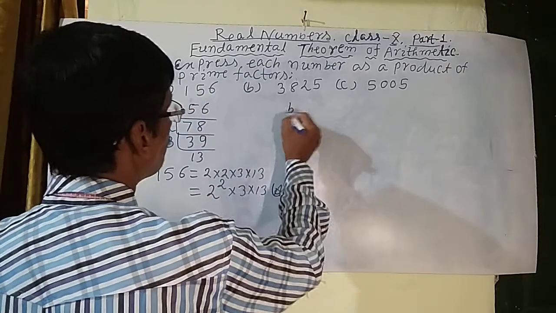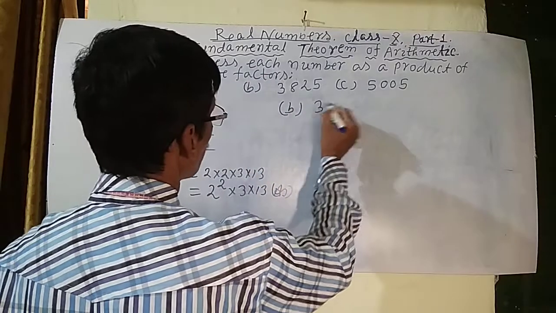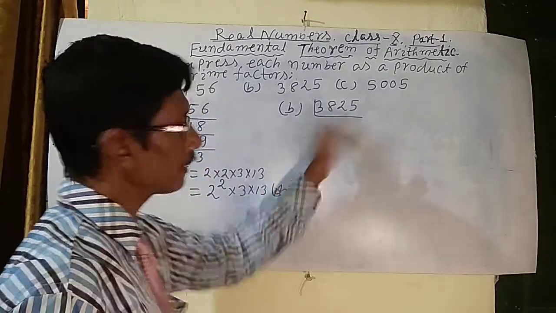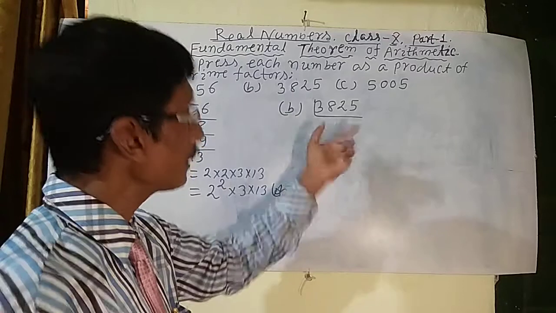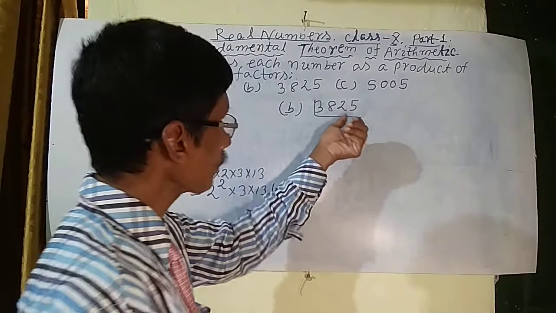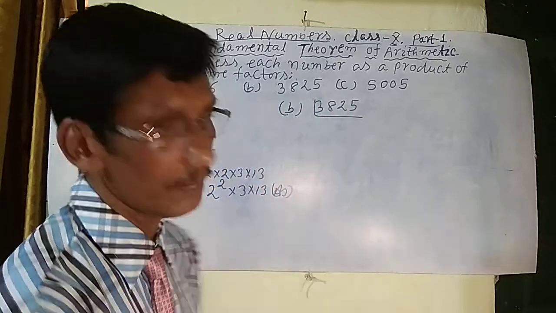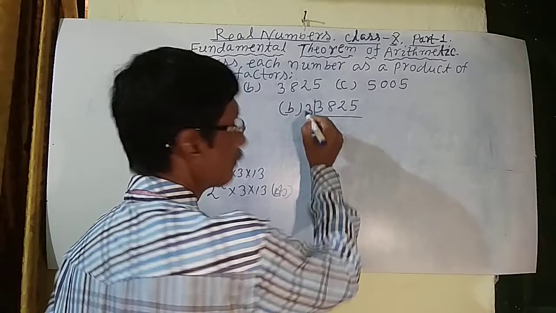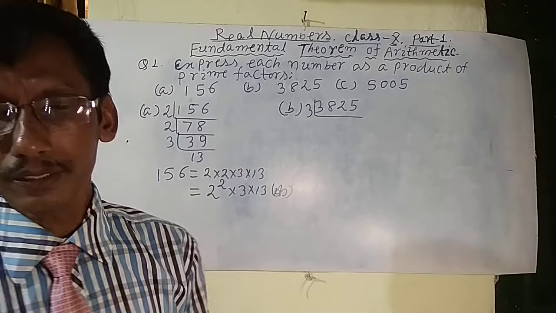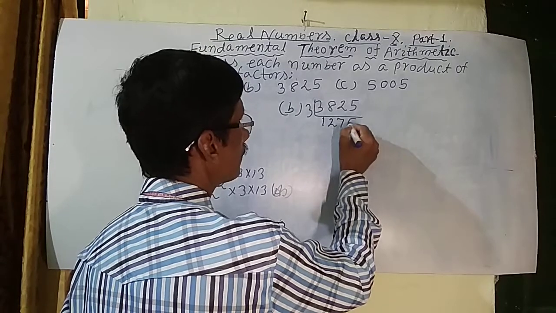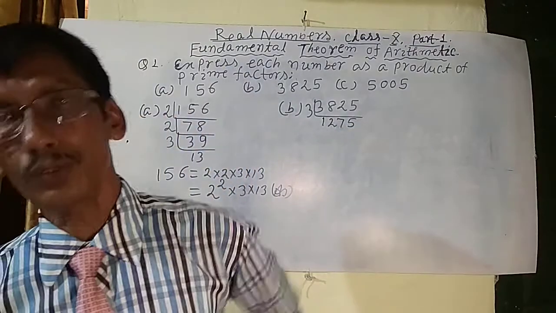Next question B, 3825. Now look, the first, it is not divisible by 2, leave the 2. Next it is divisible by 3, so sum of the digits: 3 plus 8 is 11, 12, 13, 18. So 18 is a multiple of 3, so it is divisible by 3, so take the 3. Then 3 divides 1275.